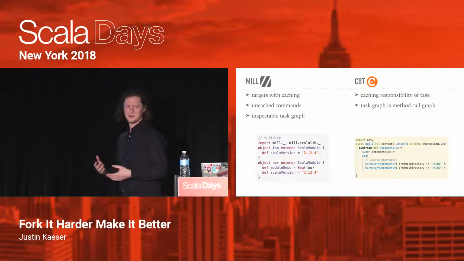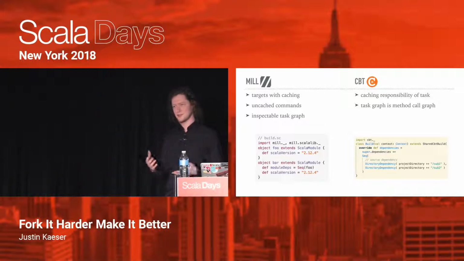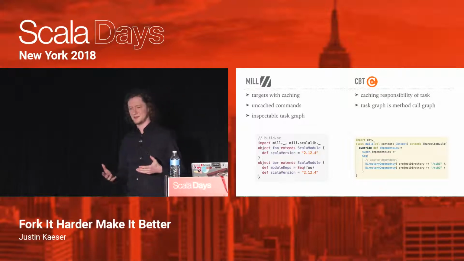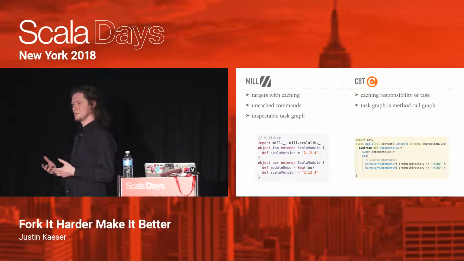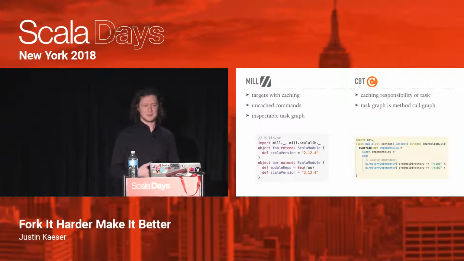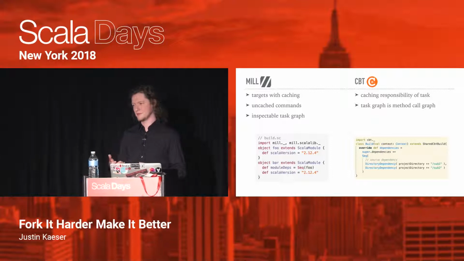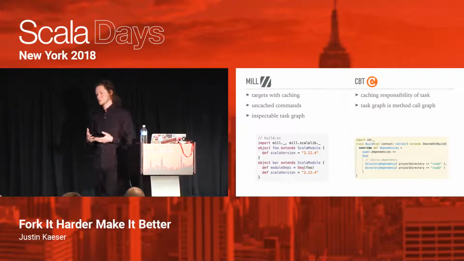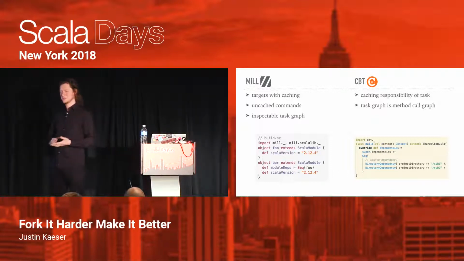So CBT and Mill are similar in that regard, also similar in that they keep an instance of themselves around based on Nailgun, which enables quicker command feedback as opposed to starting a new JVM every time.